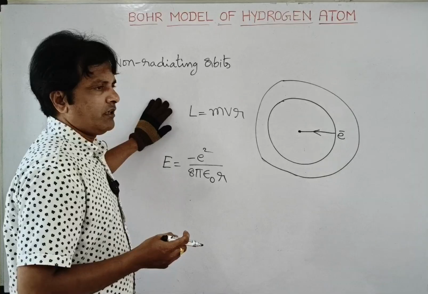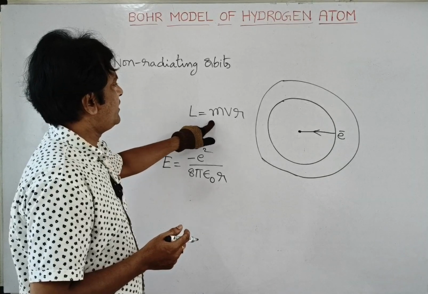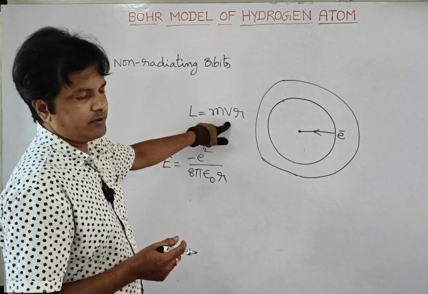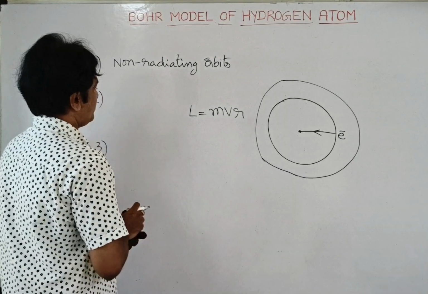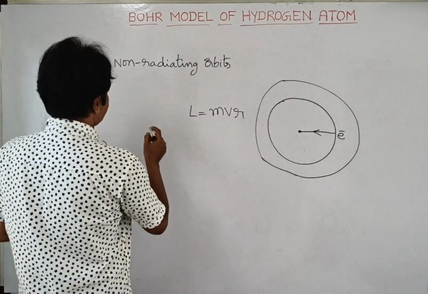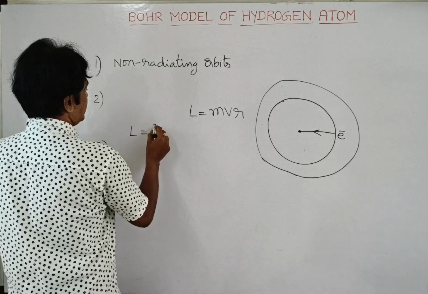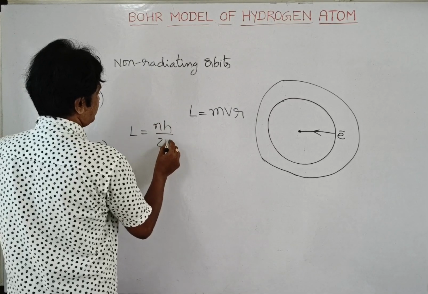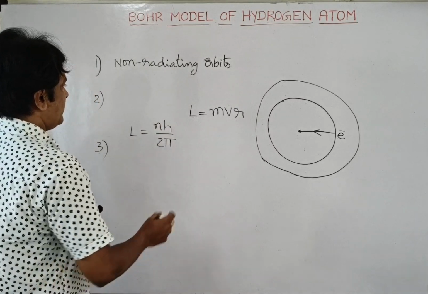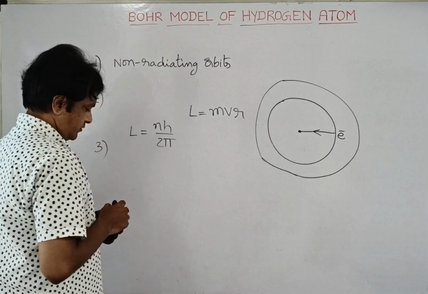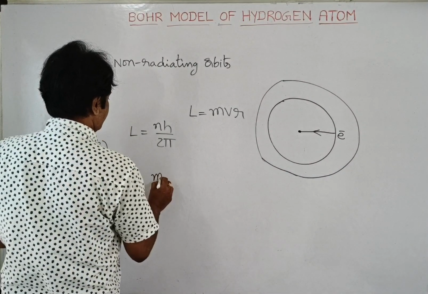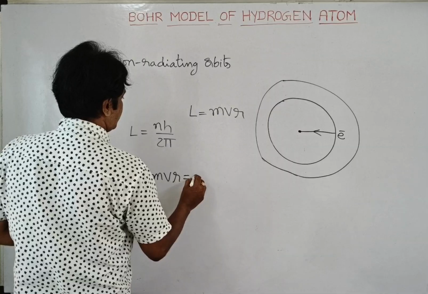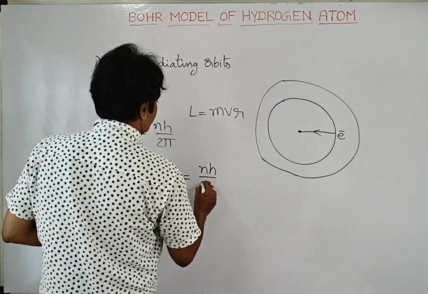Here, since angular momentum is conserved, we can equate the angular momentum with the second postulate of Bohr, that is nh by 2 pi. If you equate these two, what do we get? mvr is equal to nh by 2 pi.